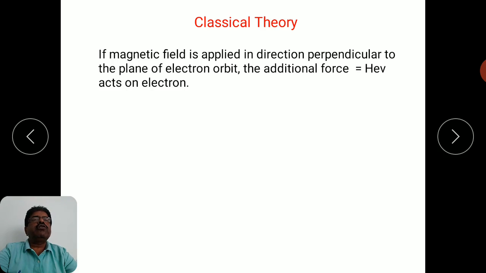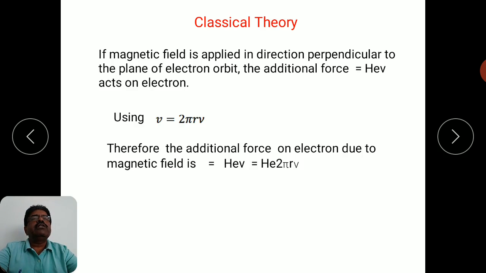Because of the presence of the magnetic field, there will be an additional force acting on the electron, given by H e v, where H is the magnetic field intensity, e is the charge on the electron and v is the velocity with which the electron is moving in the circular orbit.